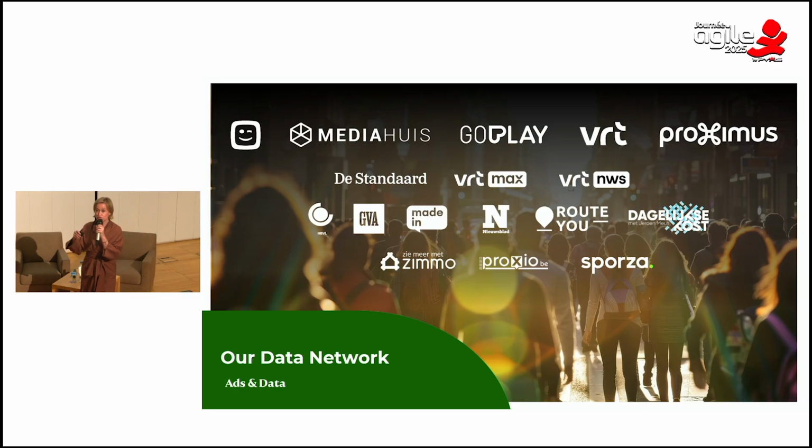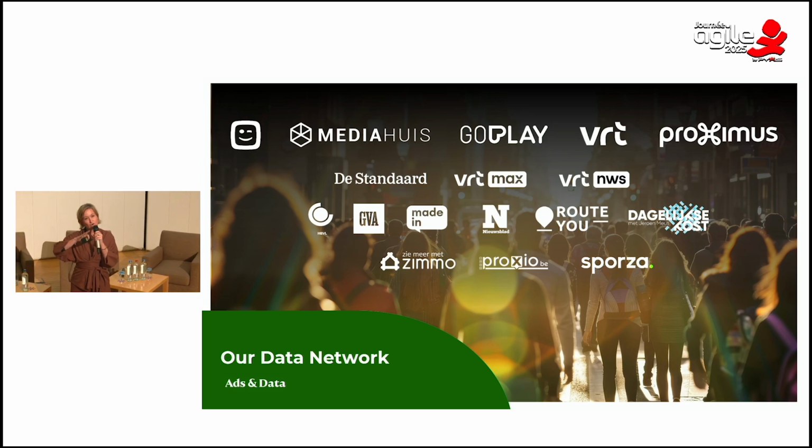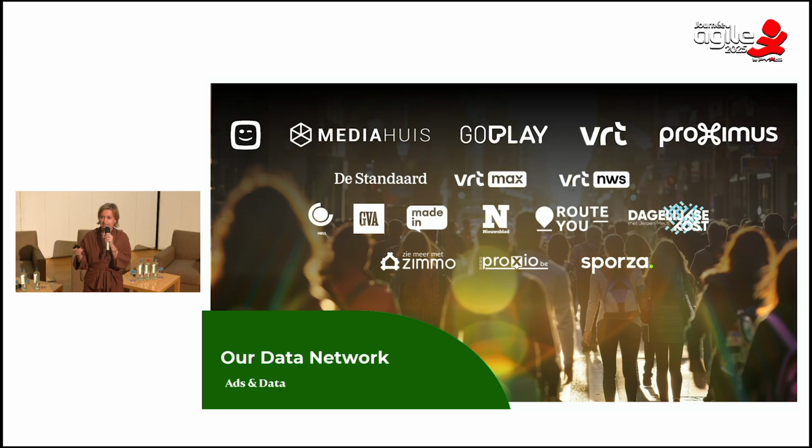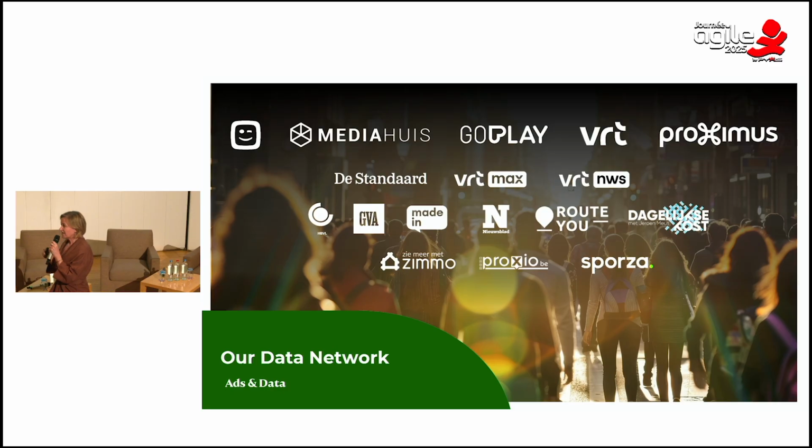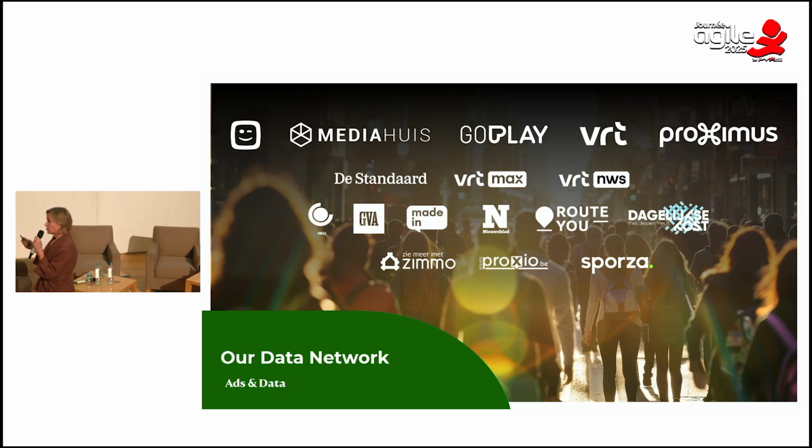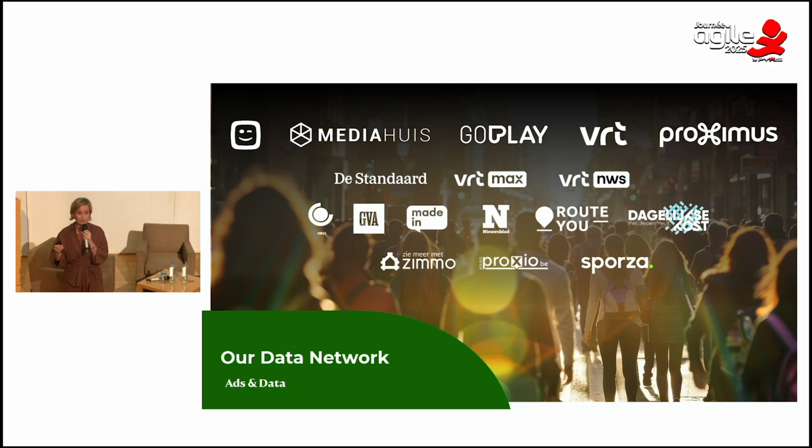Thanks to the Ads and Data consent, we can combine the data of all our data partners and create enriched data profiles. And thanks to the Ads and Data ID, it is possible to integrate data coming from different platforms, so both TV and online.